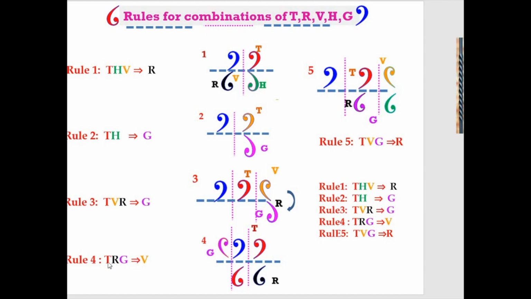And then rule 4 is, whenever you have translation and then rotation through 180 degrees and then glide reflection, you will definitely have vertical reflection. So that we will see. Translation, you have this one, translation goes here, and then you rotate it through 180 degrees, this is what you get. And then glide reflection means what?